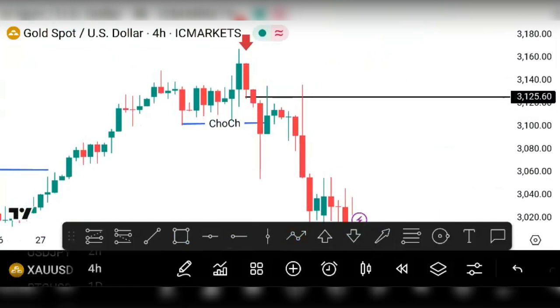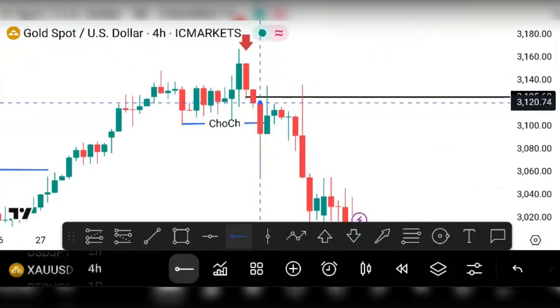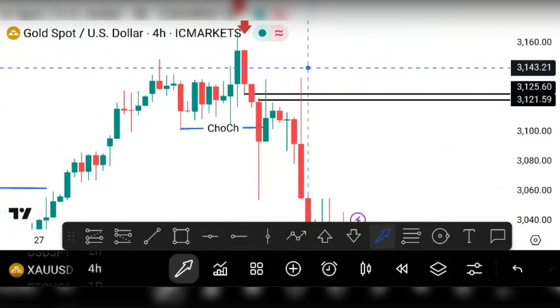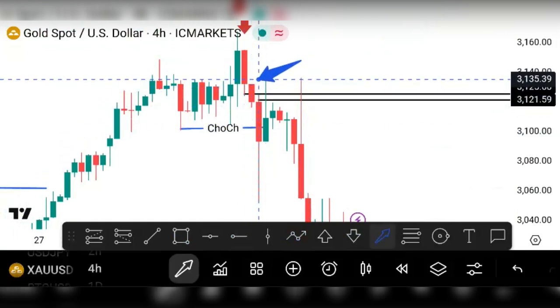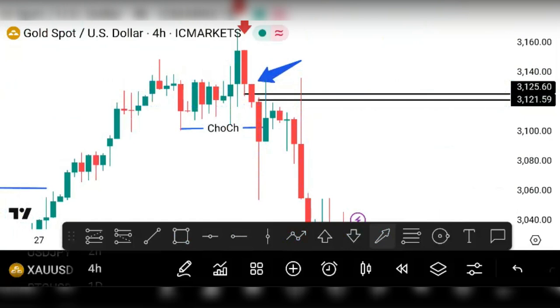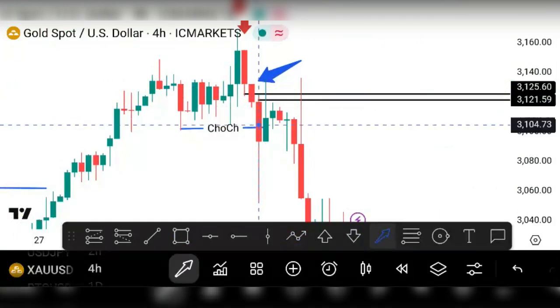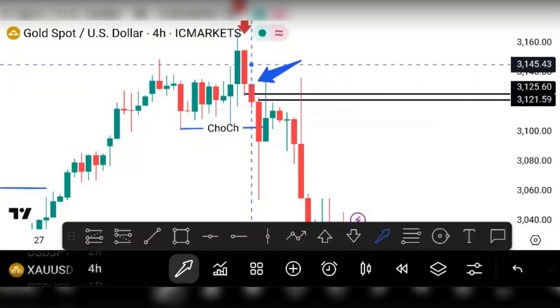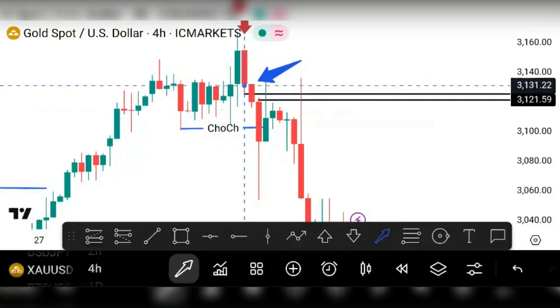But you can't actually see it clearly, but if you zoom out, and an imbalance, this red candlestick you are seeing is an imbalance. And you can see now this red one here is our supply zone or order block.